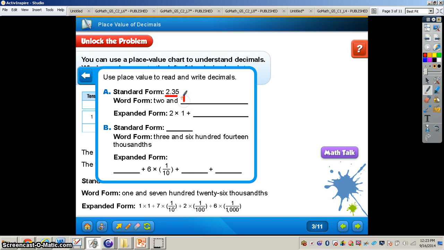Now then we just write thirty-five. Now we need to give it a last name. What place value does that 5 fall into? So the 3 is in the tenths and the 5 is in the hundredths. So that is the last name that we will give it, hundredths.